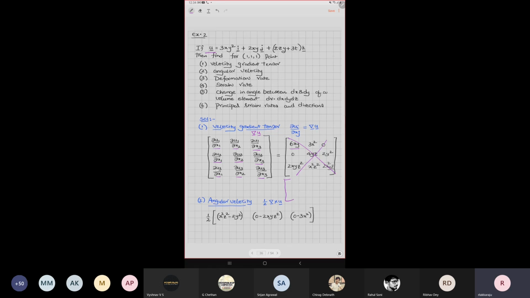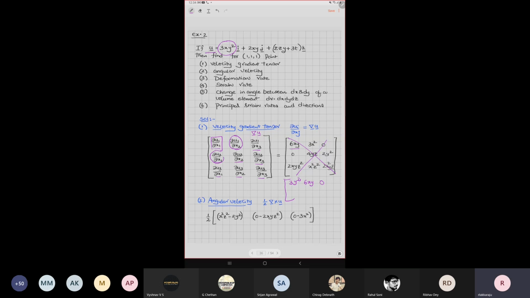So first one is del u1 by del x1. u1 is this component with respect to x, 3y square. Del u1 by del x2, I would like to calculate. Del u1 by del x2 is 3xy square, so with respect to y is 6xy. I will update the notes. Del u1 by del x3, that is 0 component.